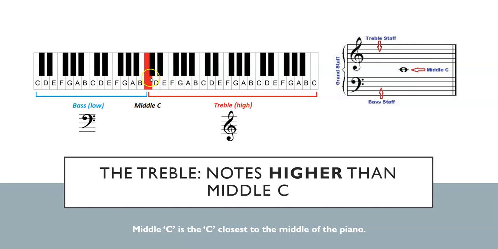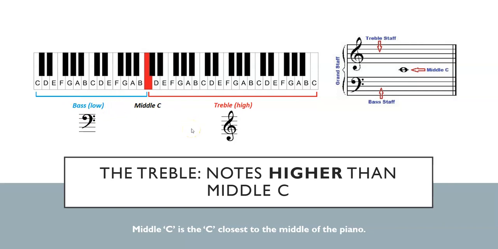It's not in the perfect middle of the piano, but that's how we divide the piano into the low part and the high part. Any note higher than that C, which is what we call middle C, is what we call the treble, and treble literally means high. Any note below middle C is in the bass, and bass just means low.